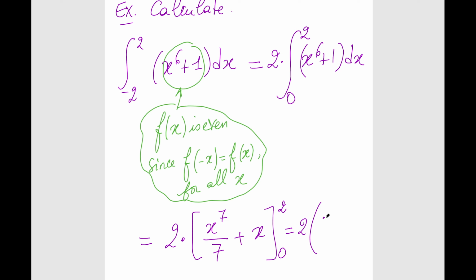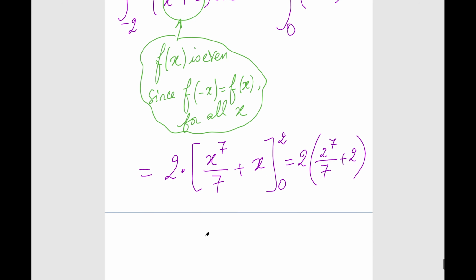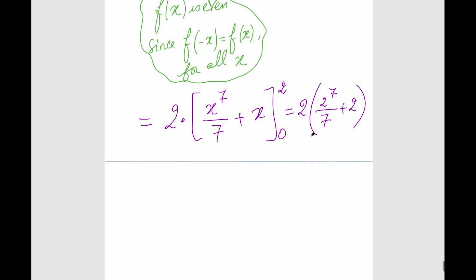So 2 to the power 7 over 7 plus 2, correct? So one more time, that guy evaluated at 2 is 2 to the power 7 over 7 plus 2 minus 0. If you evaluate this at the lower bound 0, everything here is 0, so I'm not going to copy it. So we get this. Agree? And whatever this answer is, I'm going to just leave it as is. I'm not going to find the actual answer.